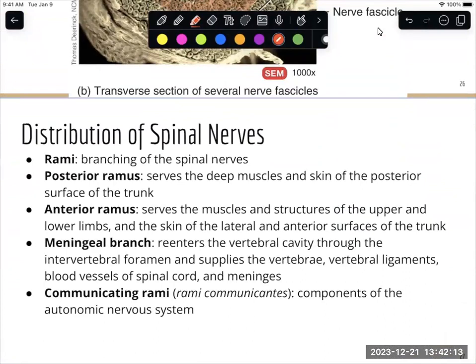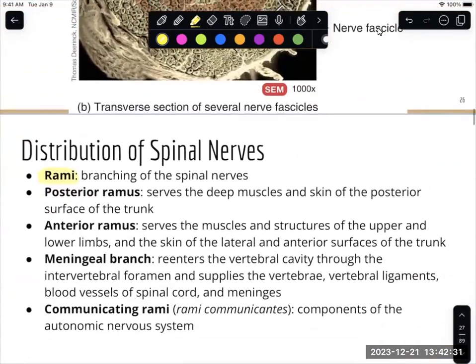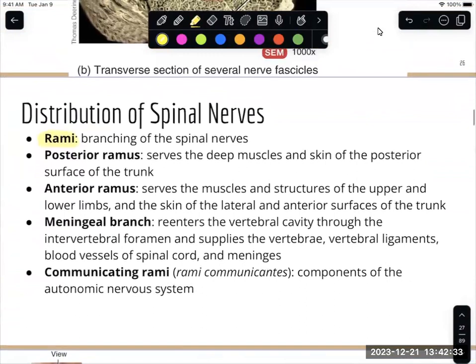Our spinal nerves, when they leave the spine, that spinal cord, they come out past the vertebrae, and we're going to create different branches off of there. This spinal nerve is going to branch off many different directions. So we create rami. We have a posterior ramus.